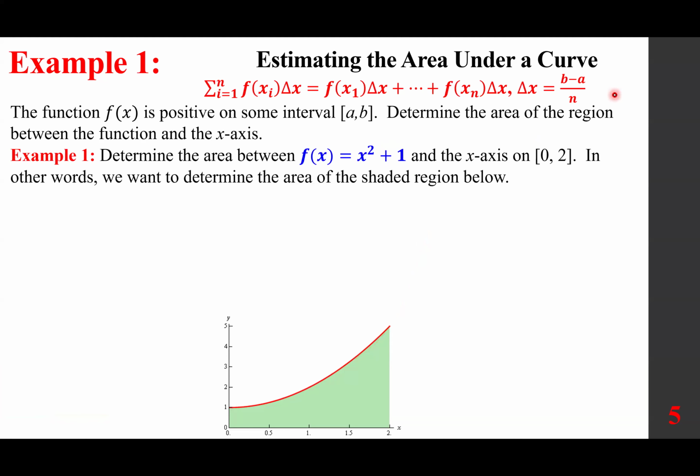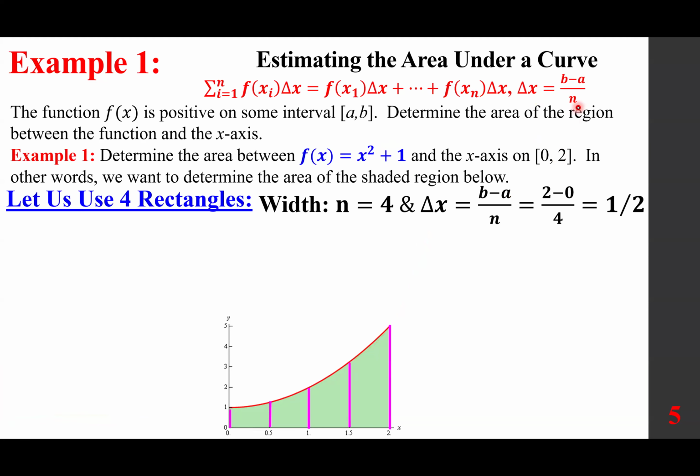Delta x is b minus a over n. And let's say we are going to use 4 rectangles. We just come up with some number. Normally that number is given to us. So the width is delta x, b minus a over n, in this case 2 minus 0 over 4, which gives us 1/2. So we cut this into 4 rectangular strips.